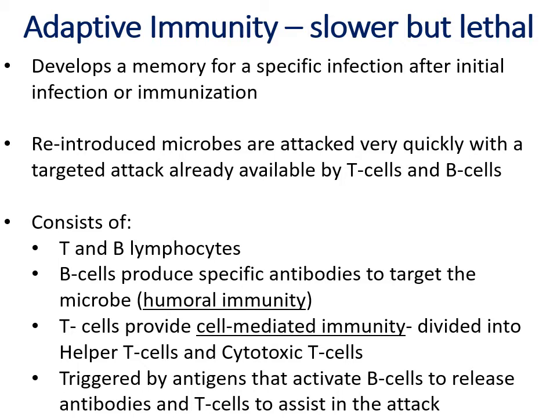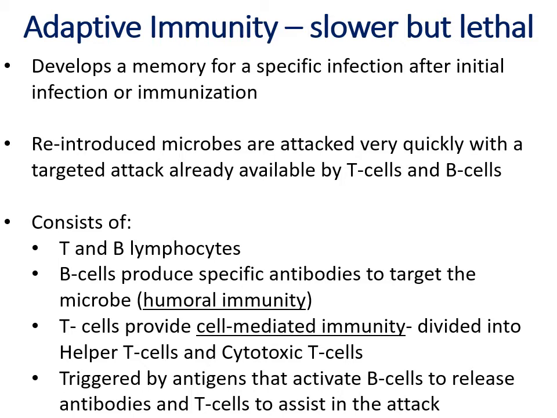When we give that vaccine, what we're really trying to do is stimulate the adaptive immune system so that when it sees pneumococcus in the future, it has B cells and T cells ready and waiting to attack. So there's a variety of immunizations that act in this way.